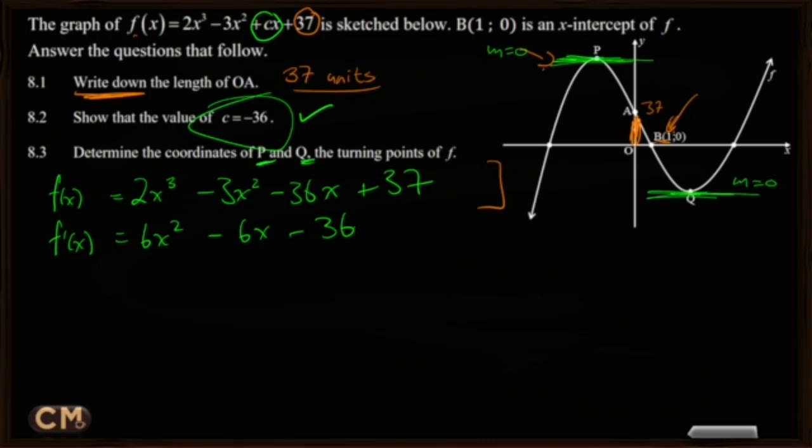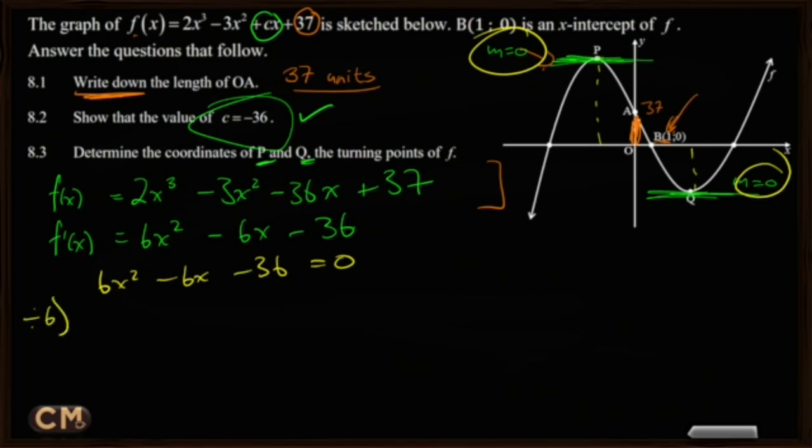Now from that, we can determine the specific x values where this happens to be true by putting those general gradients equal to 0, because we are working at the turning points. So we'll have 6x squared minus 6x minus 36 all equal to 0. Let's trim this down because it's fat.